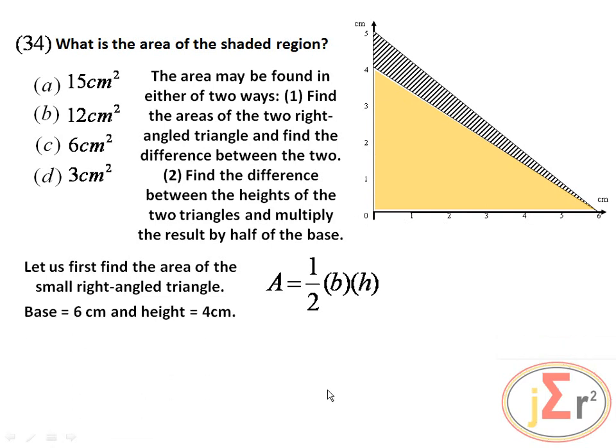All we need to do, base equals 6, height equals 4, substitute those values into the formula, and presto. So half of 6 times 4, we're going to take half of 6. Half of 6 is 3. So it is the same as 3 times 4, which is equal to 12 centimeters squared.